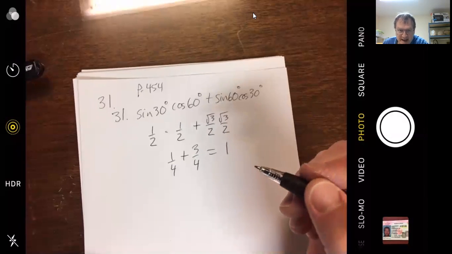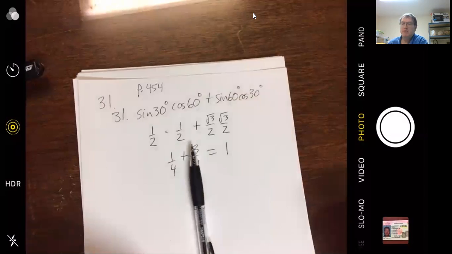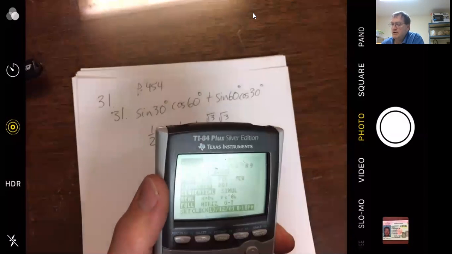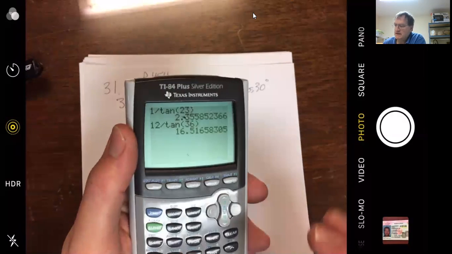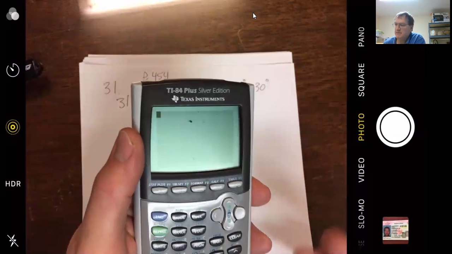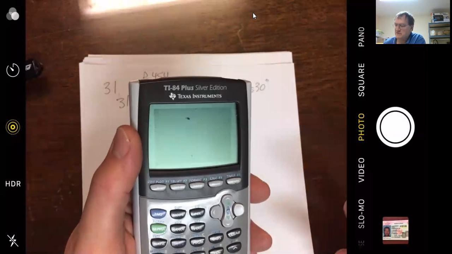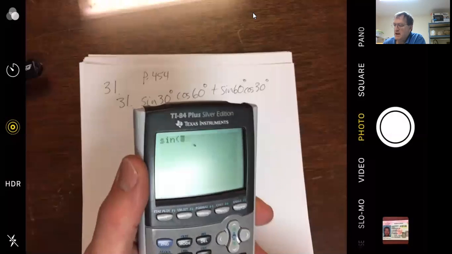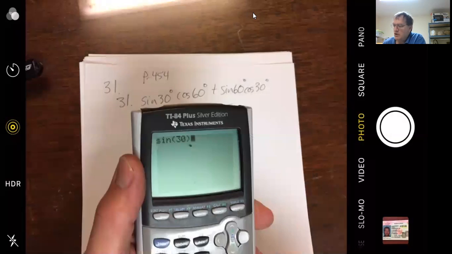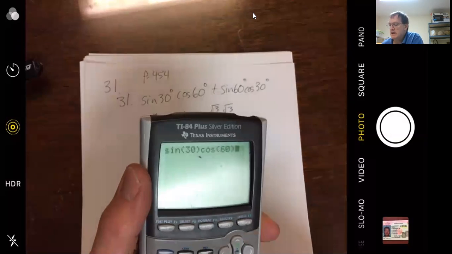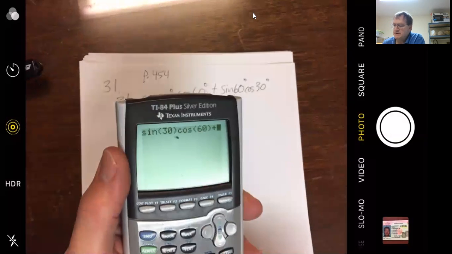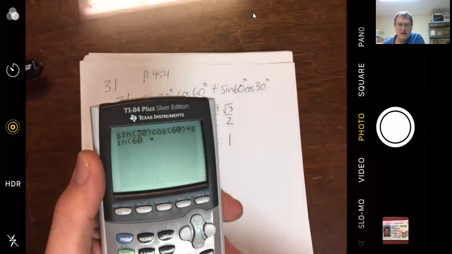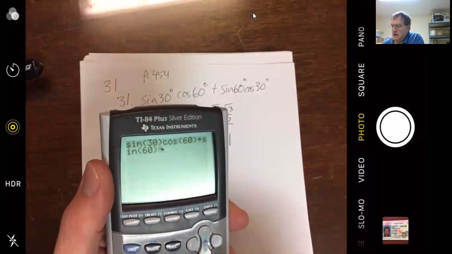Now if you think that's magic, once again, in degree mode, you can just punch it straight in and double check. Have it in degree mode. That's the worst thing in trig, you do everything right, but you happen to be in the wrong mode of the calculator, so you get wrong answers. All right, sine 30, cosine 60 plus sine 60 cosine 30.